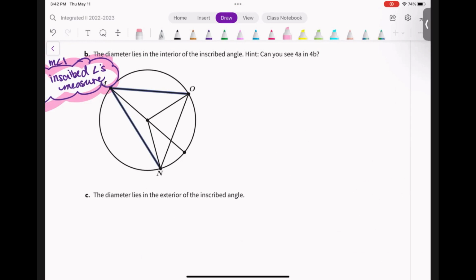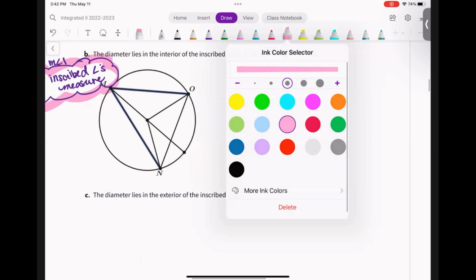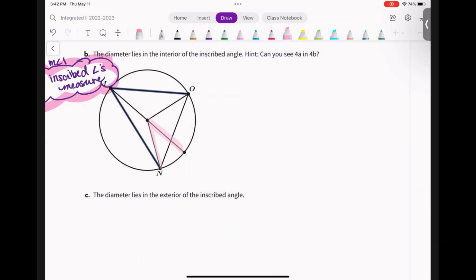So for this one, it gave you a hint, and it said, do you see 4A and 4B? So what they're asking you is, do you see that central angle? And I actually see a couple of central angles. I see this one here. I see this one here. And then I also see this one here as it pertains to our inscribed angle.